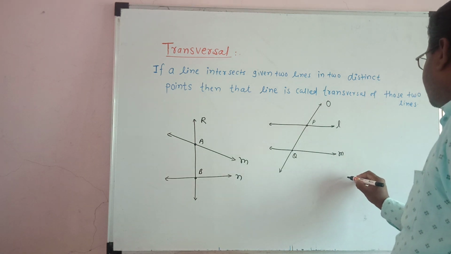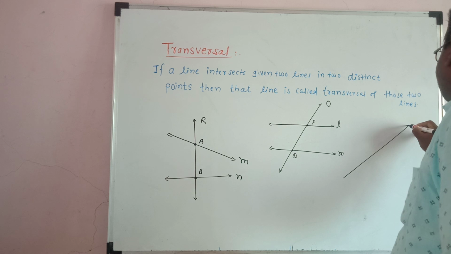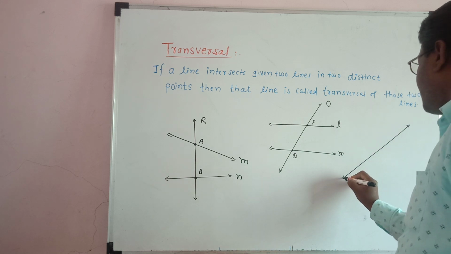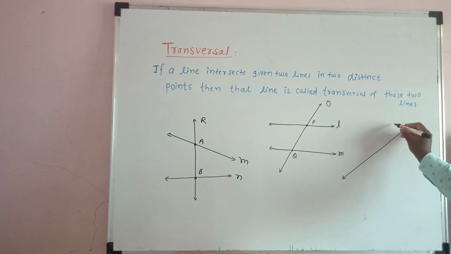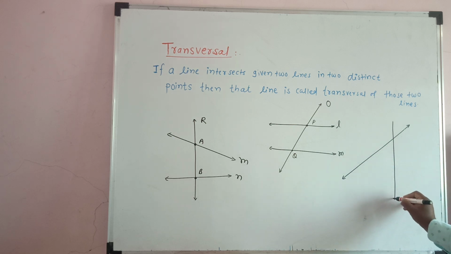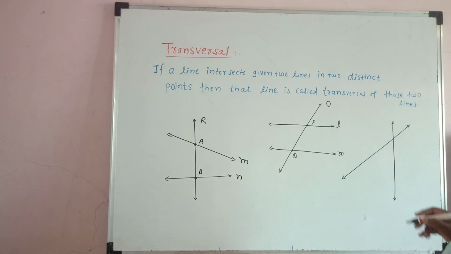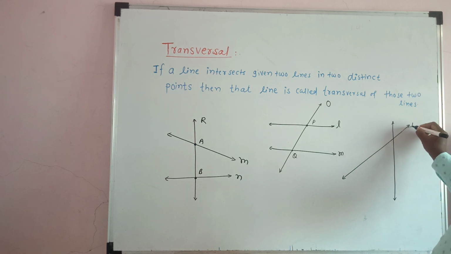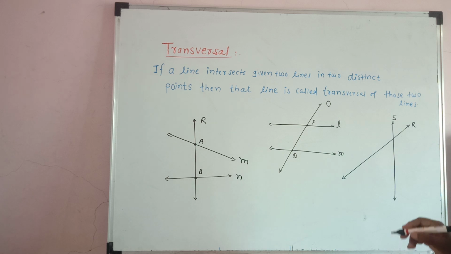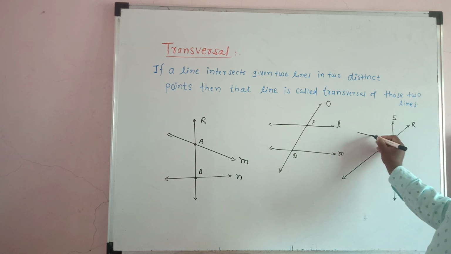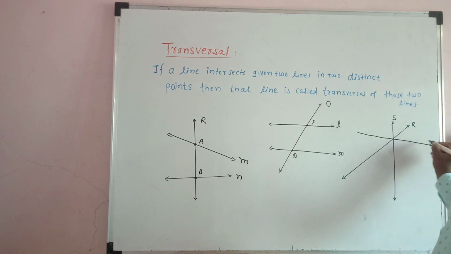Now consider two more lines. Suppose these lines are R and S, and one line intersects here.